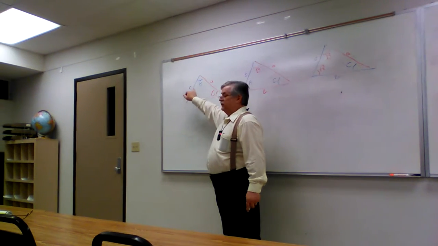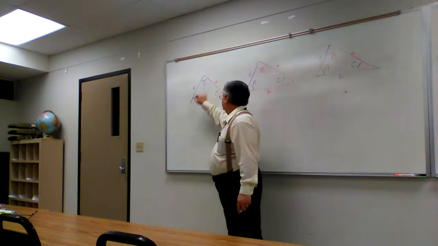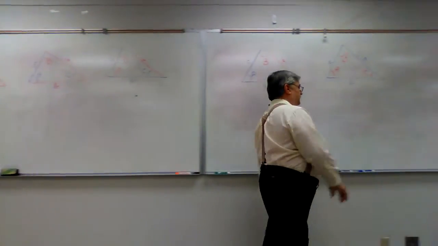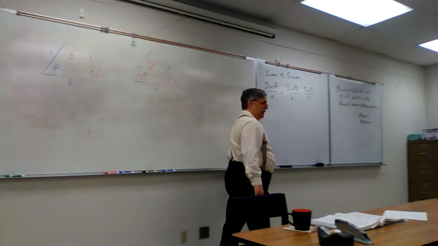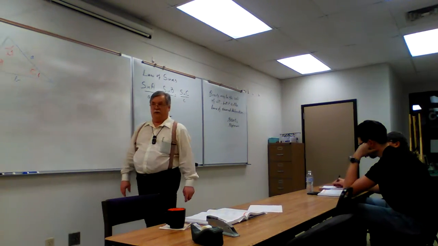But side B is always opposite angle B, side C is always opposite angle C, side A is always opposite angle A. That's a standard way of writing all of this, which makes the law of sines fairly easy to remember.